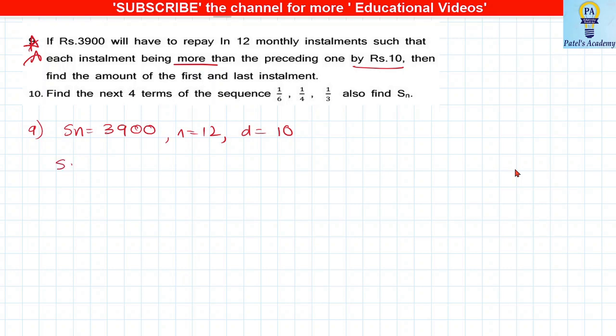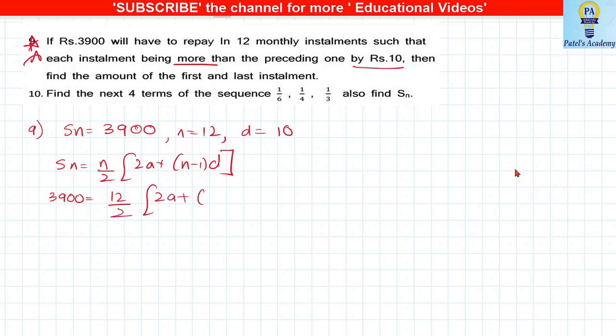So let us use the Sn formula. n upon 2, (2a plus (n minus 1)d), that is 3900. 12 upon 2, 2a, first installment you have to find out, (12 minus 1), d is 10. Okay, so when I reduce, I get 1 sixes are 6, and that 6 I'll shift. 3900 upon 6 equals 2a plus 12 minus 1, 11, 11 into 10, 110.